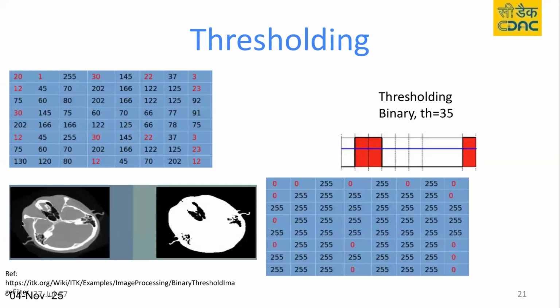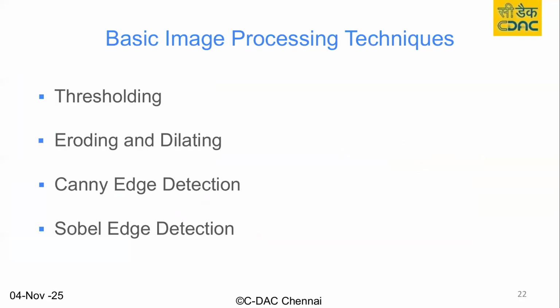So this is an input image, which is a grayscale image, which has pure black and pure white pixels and intermediate color pixels. But when you do binary thresholding, you get a binary image which has only pure black pixels, that is zeros, and pure white pixels, that is 255. And in this image you can extract the disease regions more clearly. So this was one of the techniques used before the deep learning era or AI era.